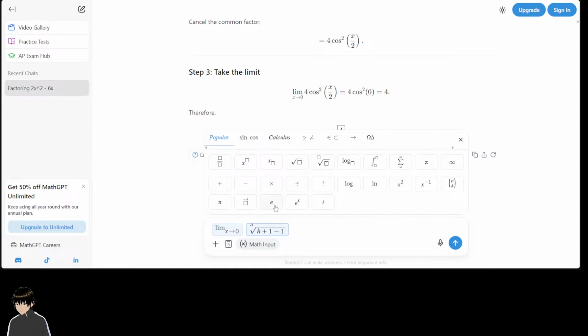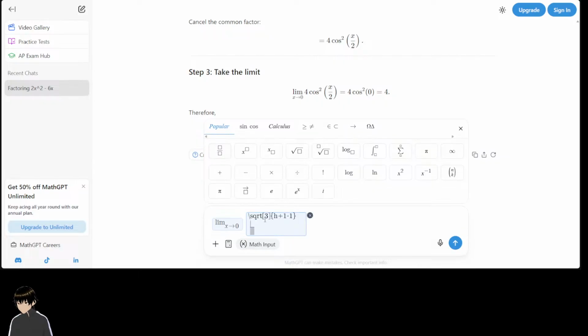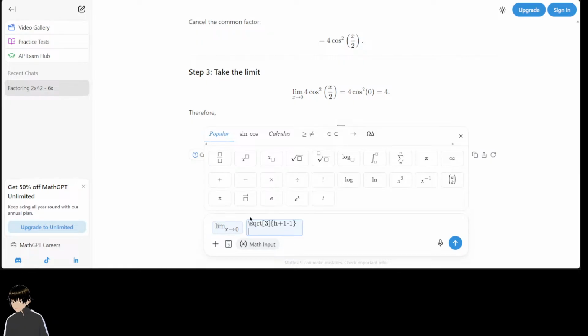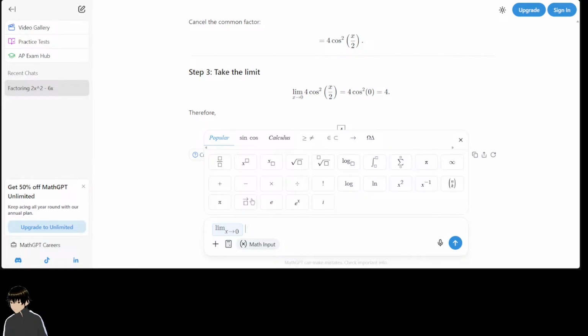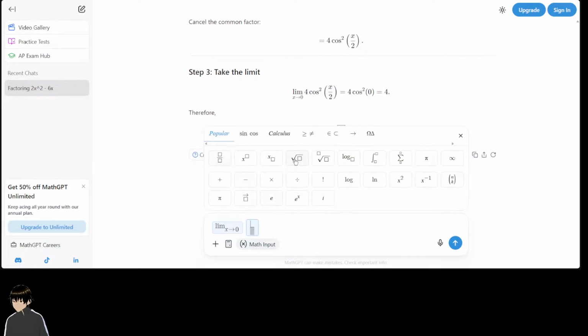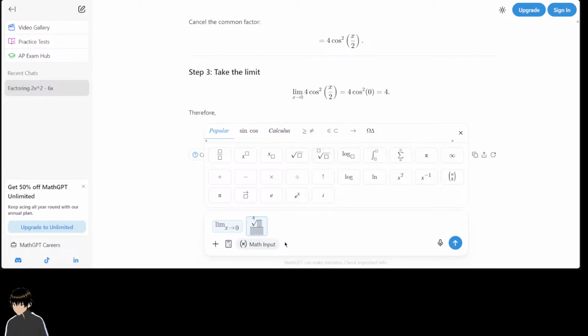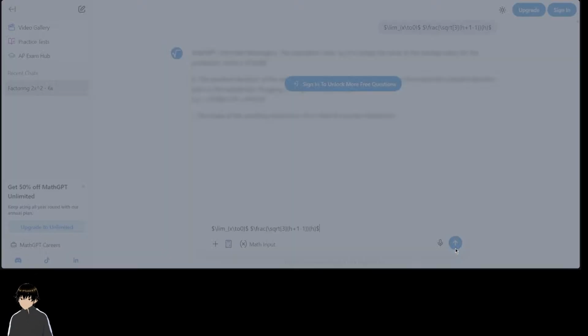They divide that. Oh my god. Why you gotta make it so hard for me? H plus 1 minus 1 over h, how do you solve that? I don't know yet.